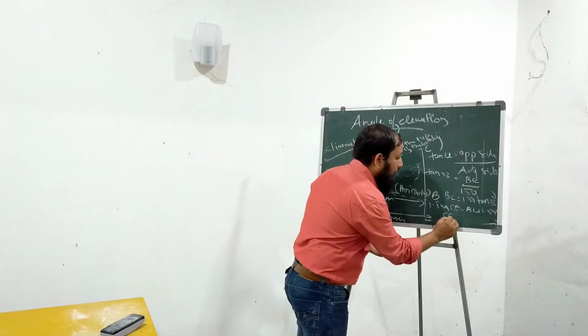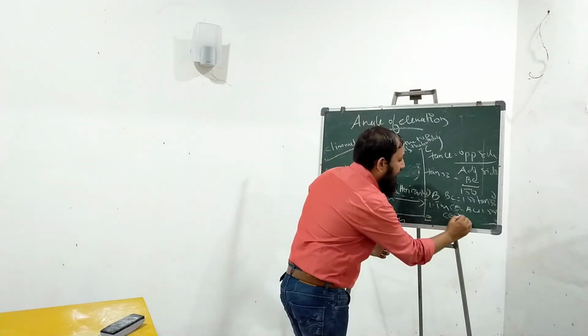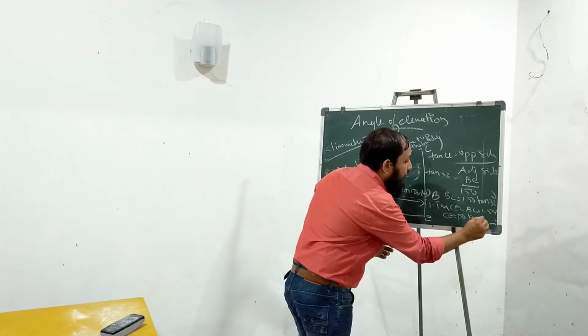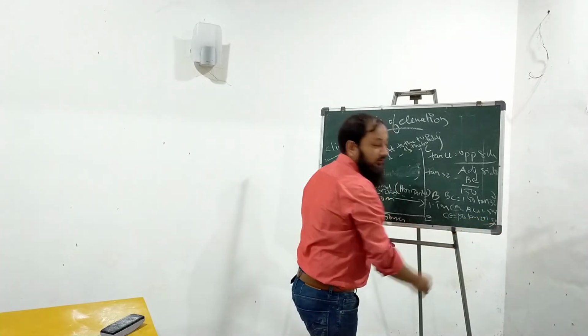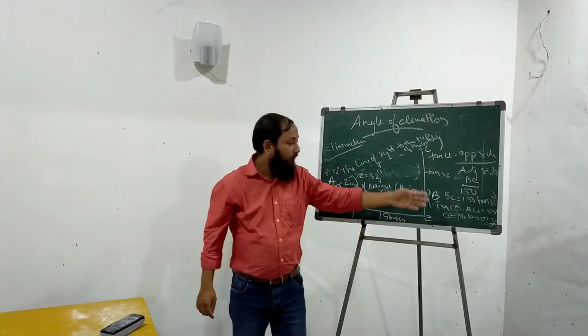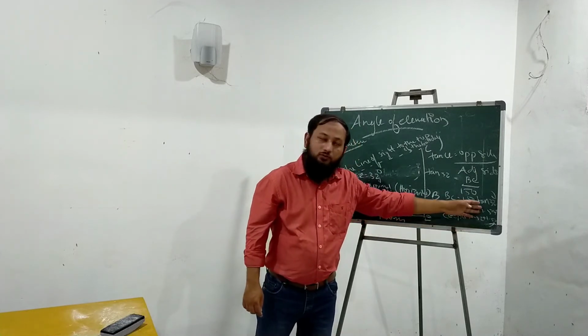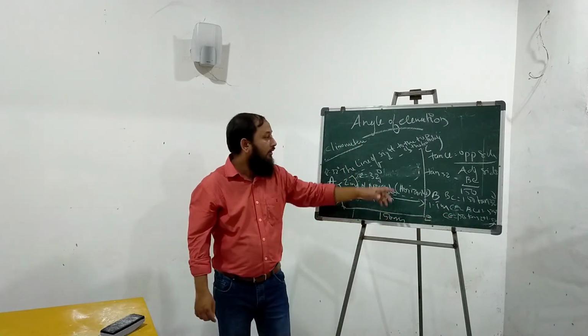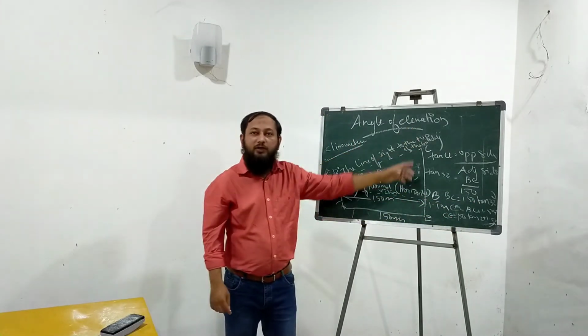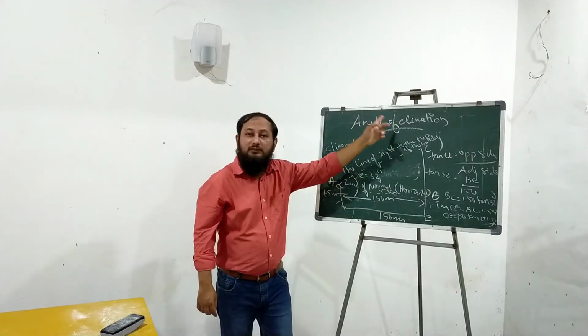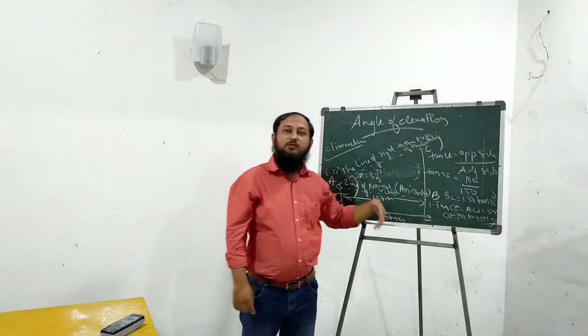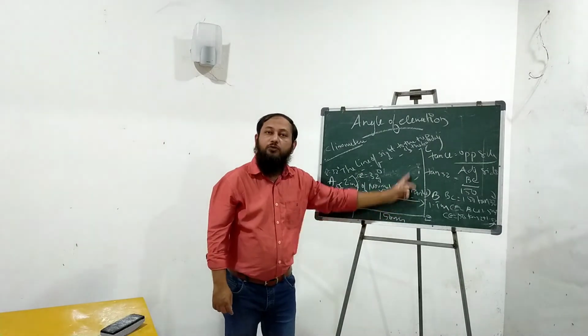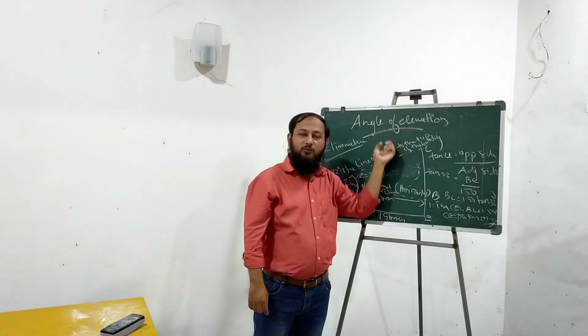CE is equal to 150 tan 32 plus 1.5. That will be the answer. We put in the value of tan 32, then we get the height of the huge building. So by using the concept of angle of elevation, we can easily measure the height of huge buildings. So this is the topic today. Thank you.